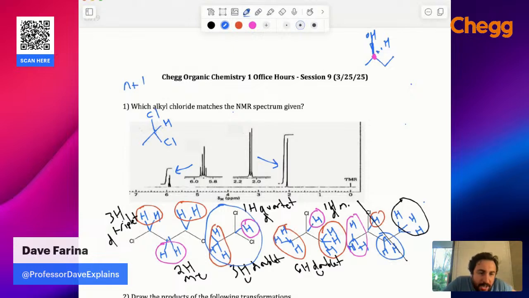Jupiter asks about chair and boat. So chair and boat and half chair and a few others are all different conformations of cyclohexane. Cyclohexane looks like this from the top-down view, but from the side view, the most energetically favorable conformation is the chair.